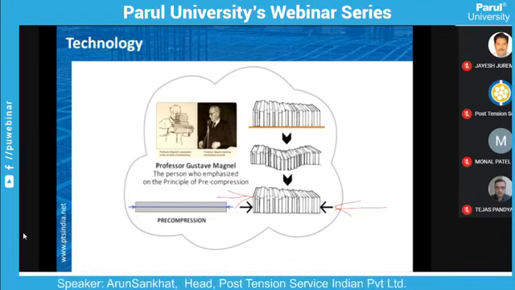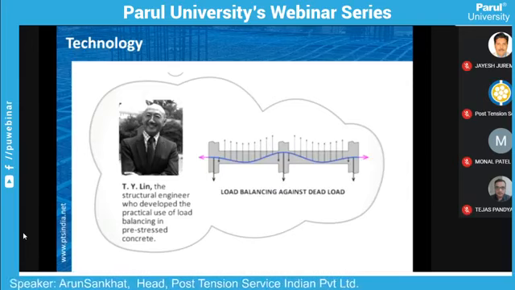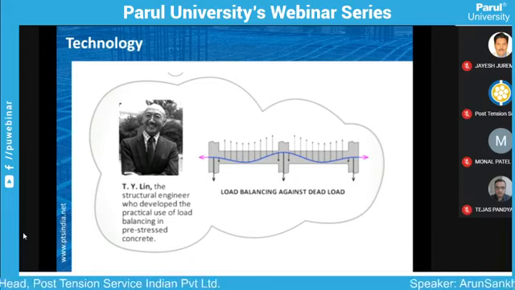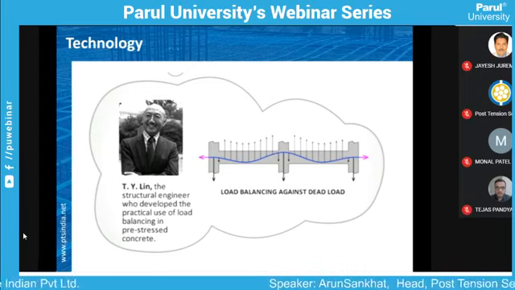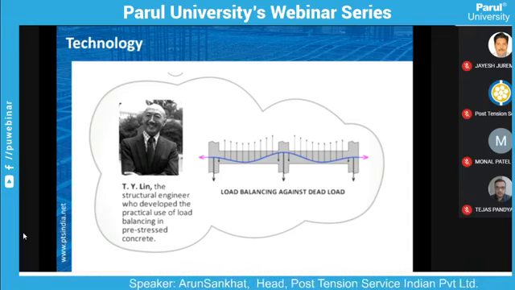This was one. The second one is known as load balancing, or you can say a weight balancing concept. Here the pre-stressing cable is placed in such a way that it actually balances the gravity forces.